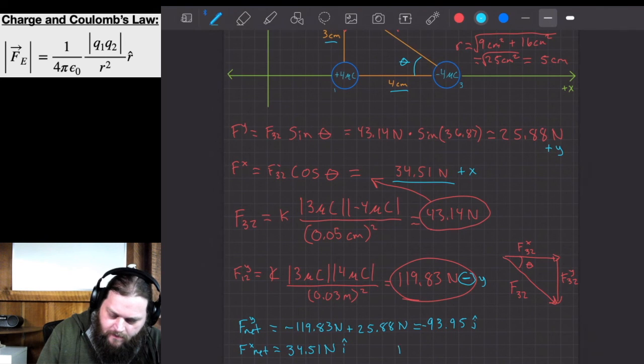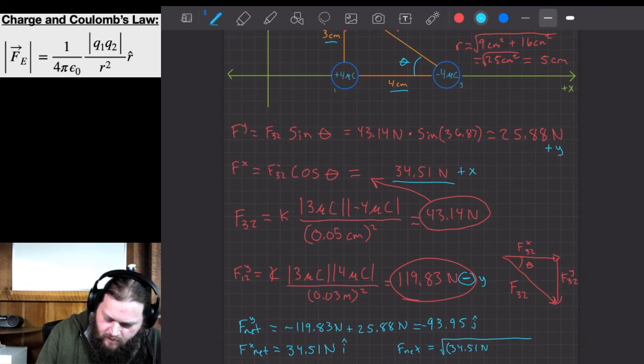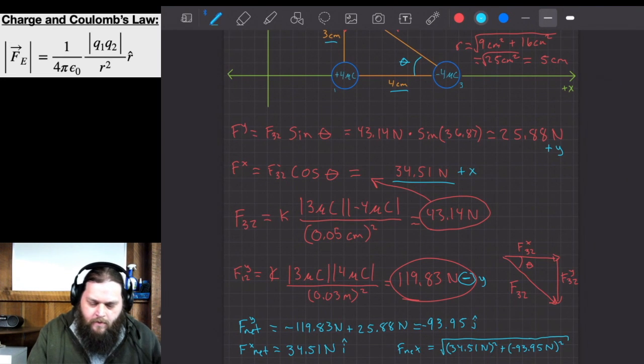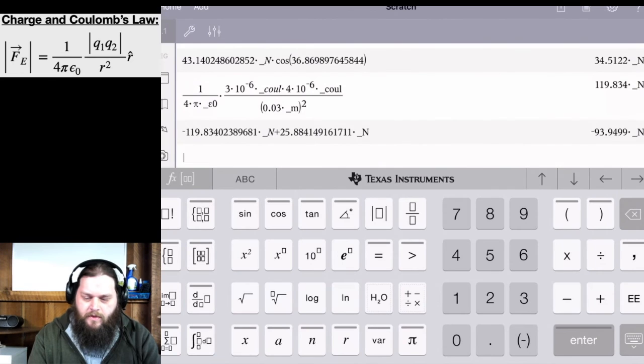So the net force is equal to the square root of 34.51 newtons squared plus negative 93.95 newtons squared. We can do that.